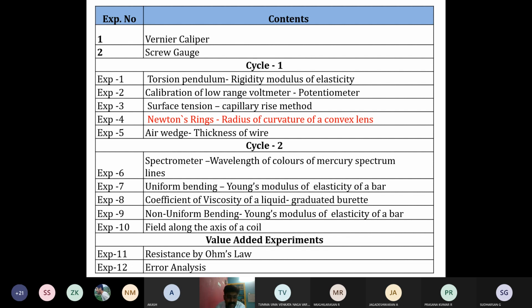The same procedure, with slight modifications, we are going to follow for the Newton's ring experiment to measure the radius. So let's see the experiment.